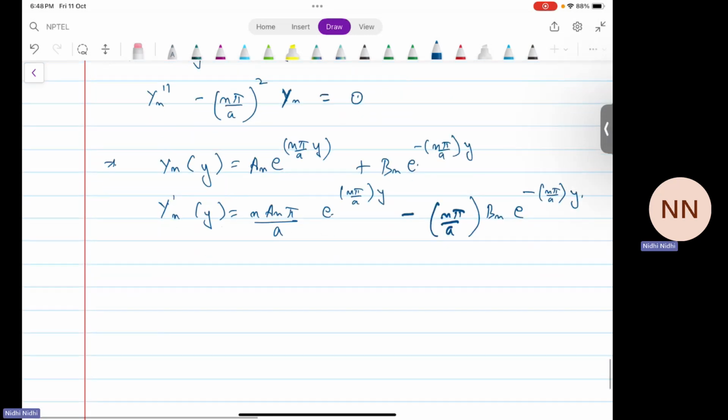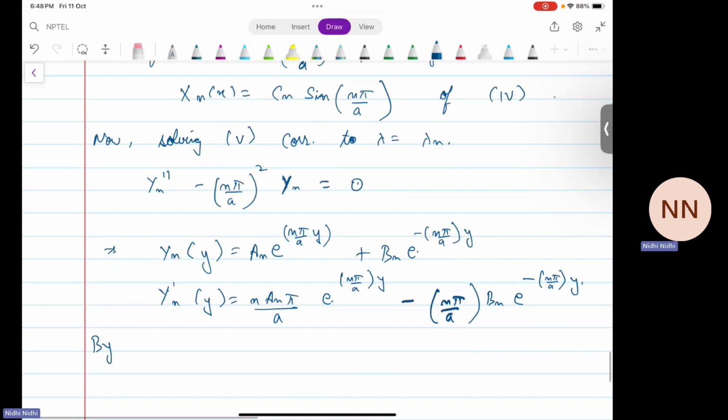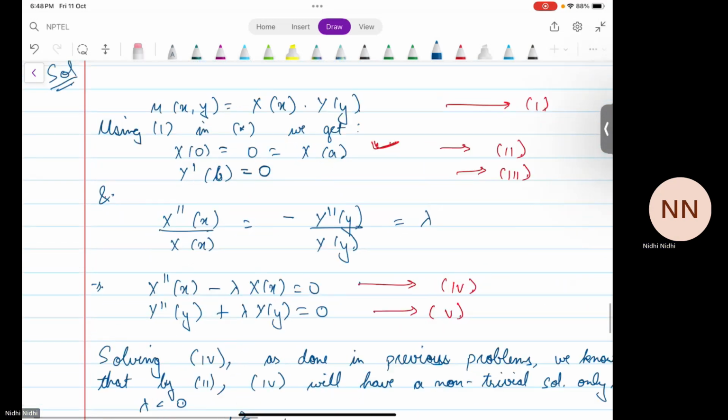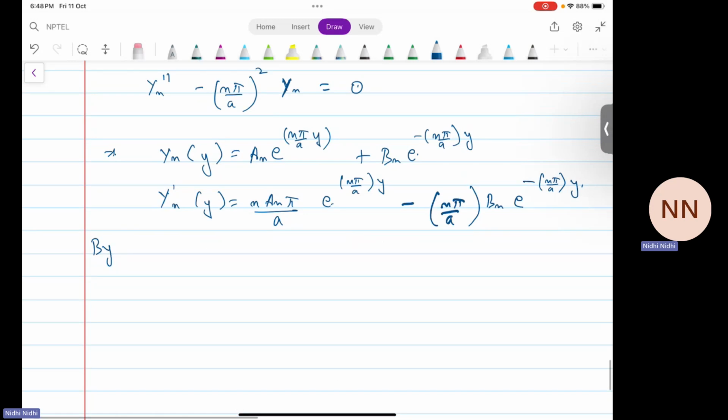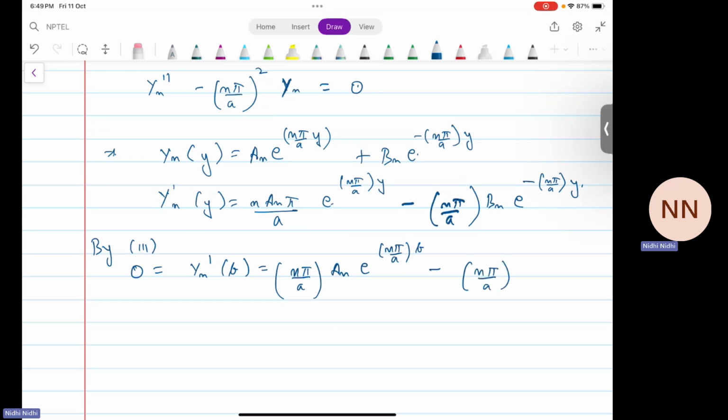So from here, by equation 3rd, we have 0 is equal to Y_n dash at b, which is equal to n pi by a times a_n e to the power n pi by a b minus n pi by a b_n e to the power minus n pi by a b.